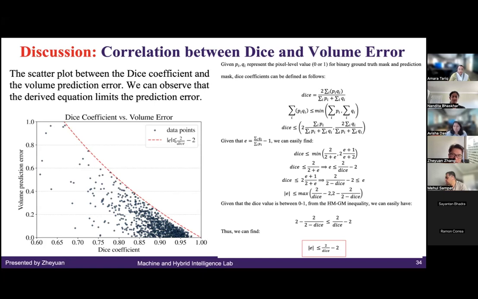We can find that the volume prediction error itself is actually bounded by the dice coefficient. When you have a relatively high dice, the volume prediction error will be relatively small. But when you want a really accurate prediction, meaning your volume prediction error is relatively small, then you need a very high dice coefficient. In this derivation, we show some kind of tool such that people can roughly estimate the volume prediction error from the dice coefficients.